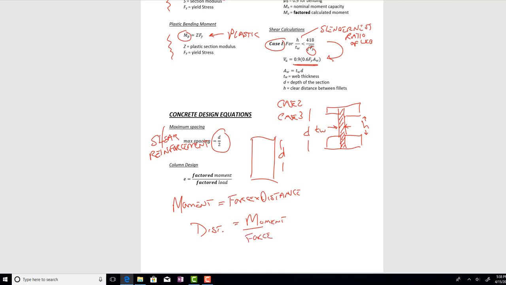You'll recall that eccentricity is just a fancy way of saying that there is some distance. If we've got a column right here, and this is the center of my beam, and my force is acting some distance away from the center for whatever reason, that's what we call the eccentric load, or the eccentricity. It's really just the distance.